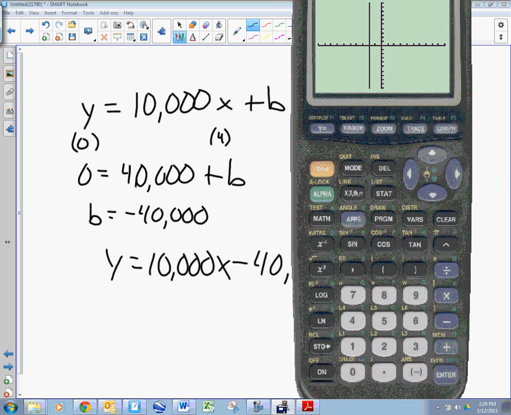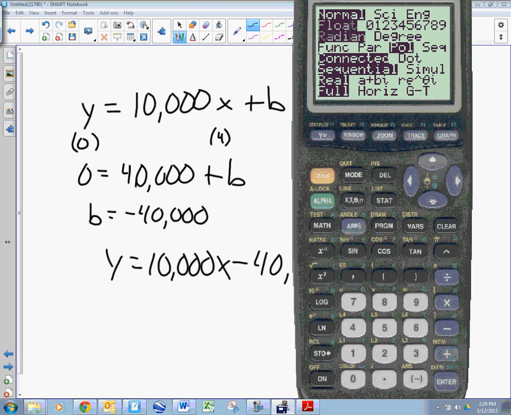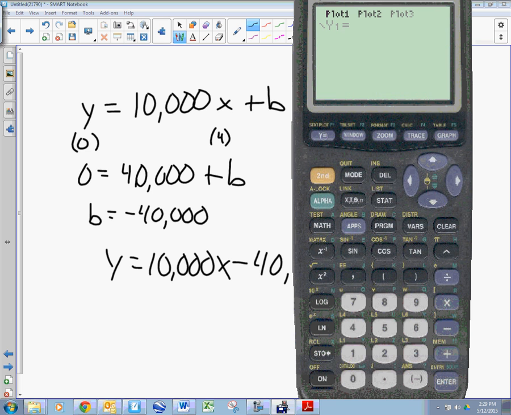So if you go mode and go back down to function, you'll get back into y equals. And so here you go, Eli: 10,000x minus 40,000, and you press graph. Vertical line through 4.